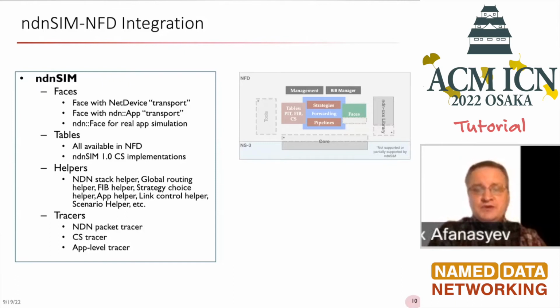Another big component of ndnSIM, or this shim layer, is a set of helpers. Those are actually essential ones to facilitate creation and configuration of the scenarios. The basic one is this NDN stack helper that I will show you several times later today. It's basically ensuring that the NDN stack is installed on the nodes.